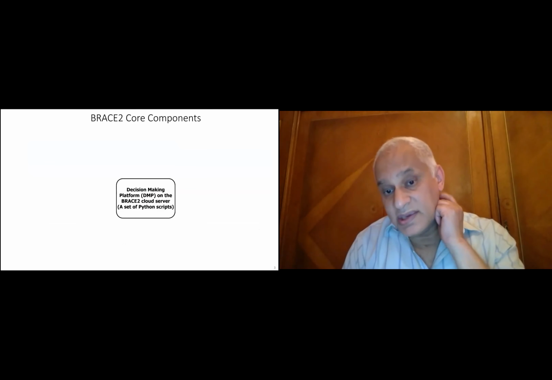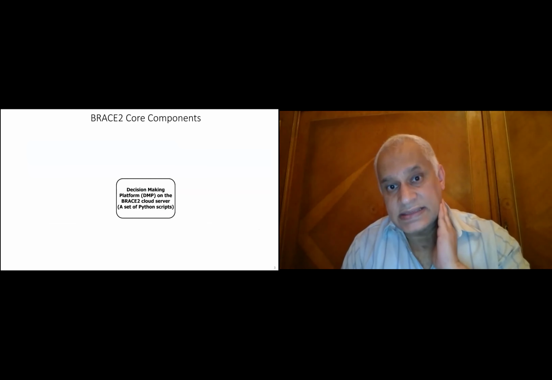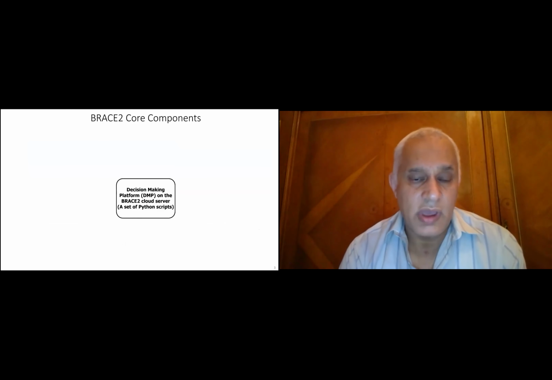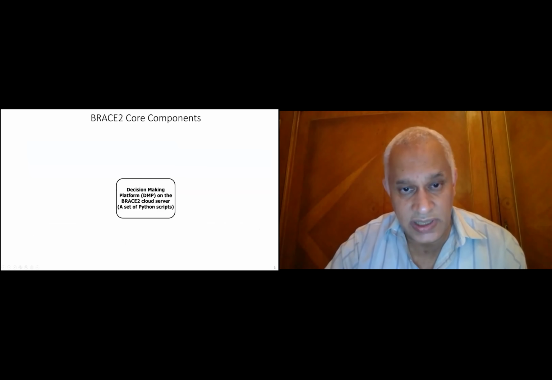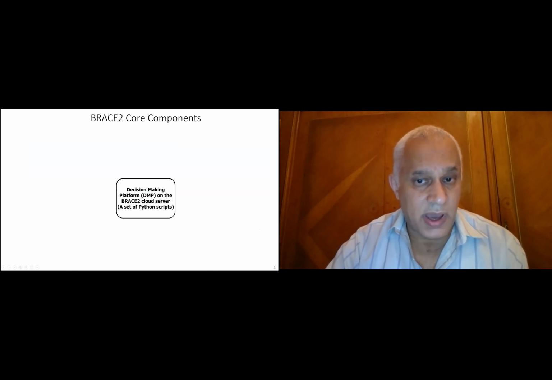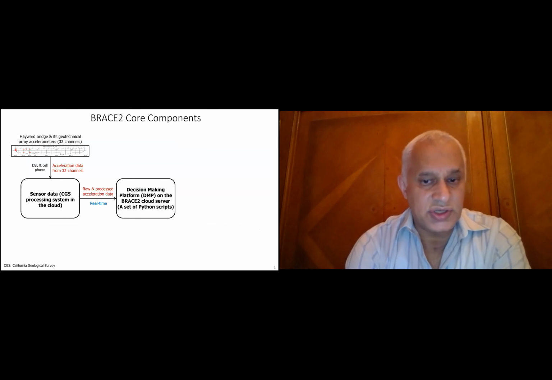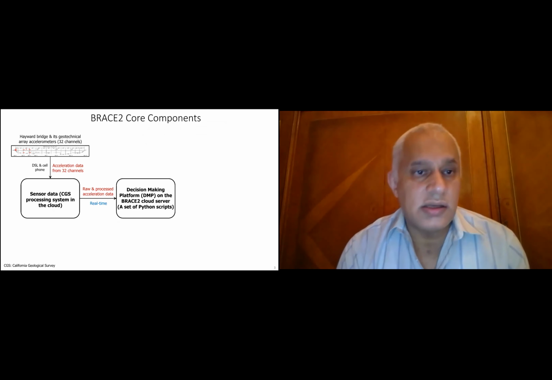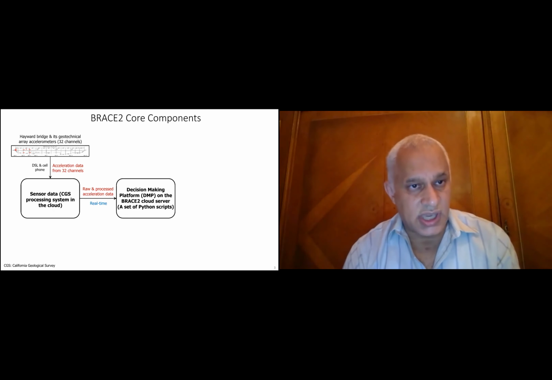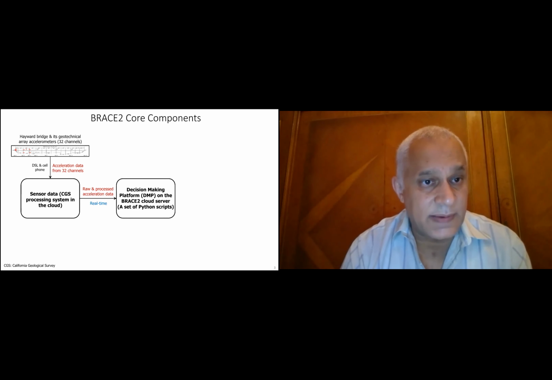The centerpiece of BRACE 2 is the decision-making platform, which will eventually reside on a cloud server, which is a set of Python scripts that uses the data from sensors on the bridges. We have a specific bridge that is the main bridge we are focusing on, which is Hayward Bridge. I'll talk about that when I talk about the bridges we are considering.